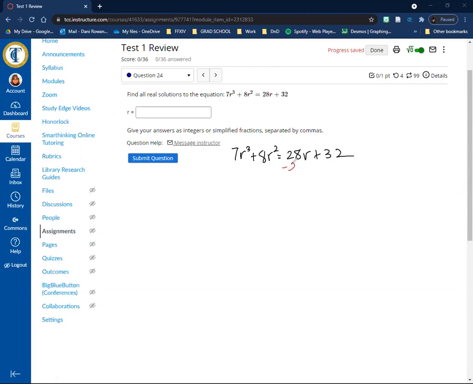So we are subtracting 20r and subtracting 32, which of course we do to one side, we do to the other. 7r cubed plus 8r squared minus 28r minus 32 equals 0. Now we have 4 terms here. What is a thing that we can do to break this down?